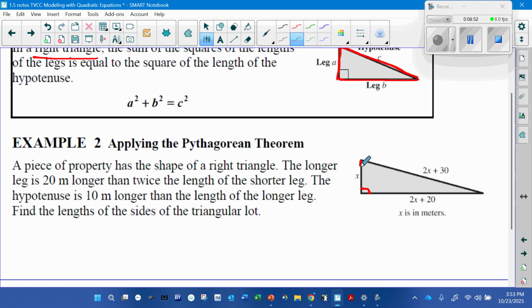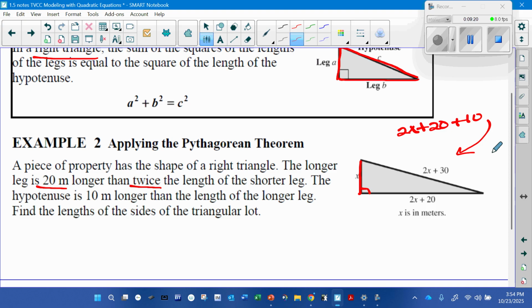So if my shorter leg is x, then the longer leg is 2 times that plus 20, so that would be 2x plus 20. The hypotenuse is 10 meters longer than the length of the longer leg, so you would just add 10. So you would do 2x plus 20 plus 10, which gives you 2x plus 30.